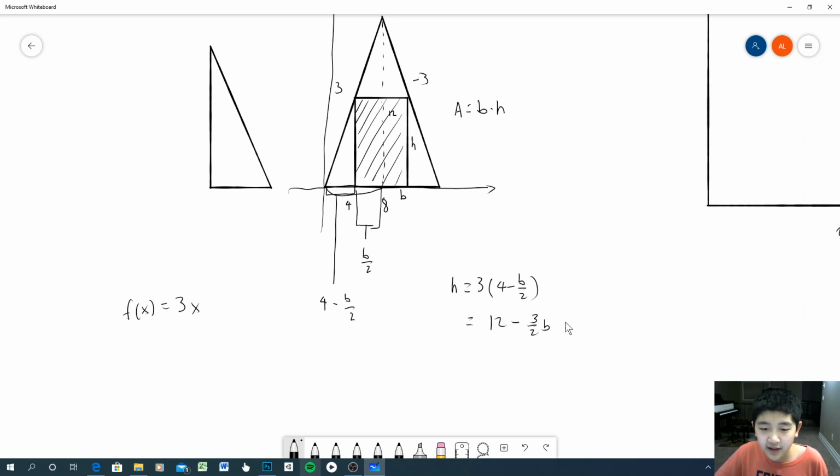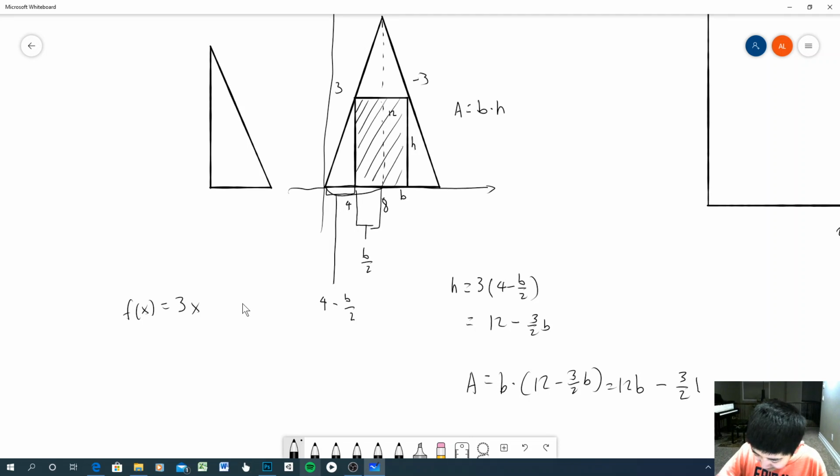And now, since we've expressed h as a function of b, we can substitute h into the area expression. Substituting h with this expression gets us b times 12 minus 3 over 2 b, which gives us b times 12 minus 3 over 2 b squared.